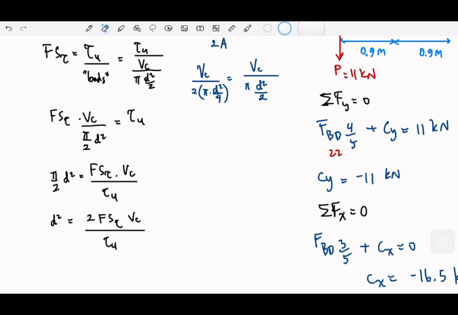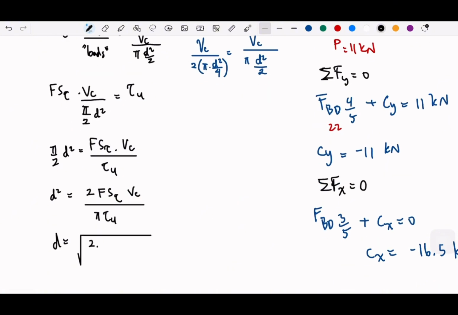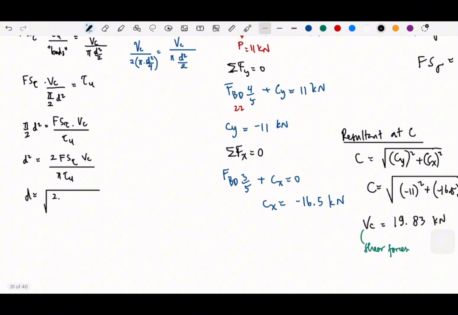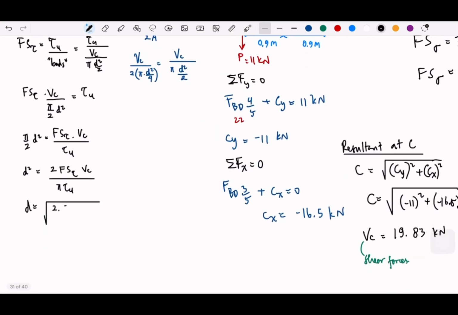Let me just write pi down there, and then d will be the square root of this. So 2 multiplied with 3.3, and 19, sorry, 19.83 kilonewton.